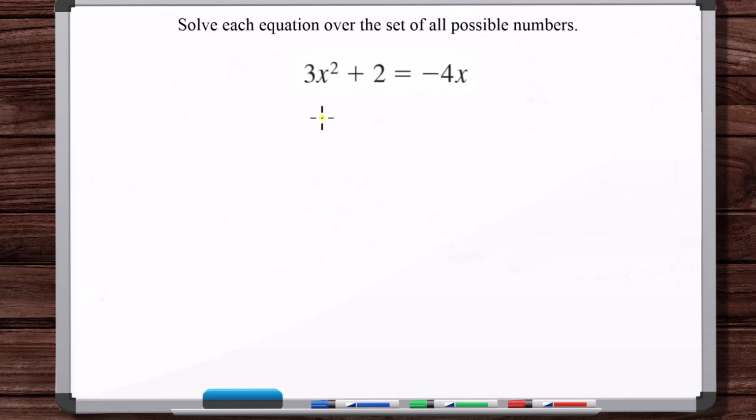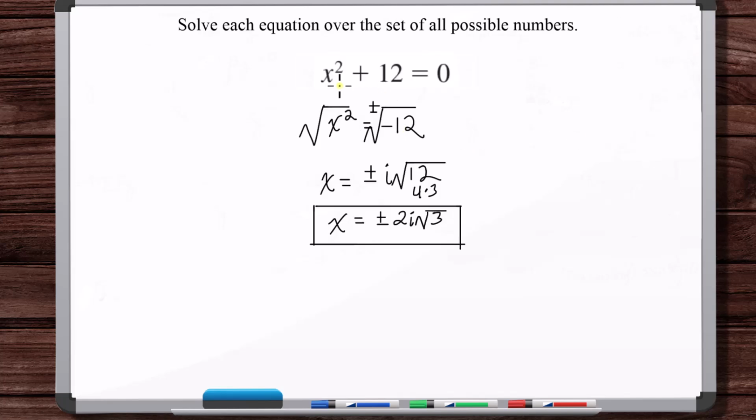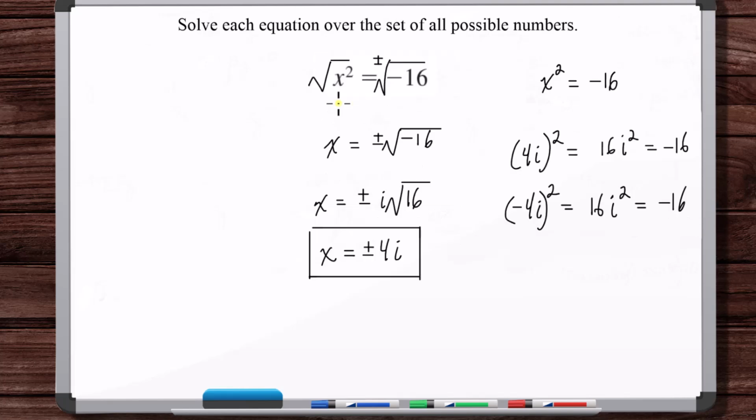So we just proceed like we would normally proceed. We solve this like we learn how to solve any quadratic equation. We bring everything to one side. The previous problems were special cases where we just had two terms and we could put them on both sides of the equality and take the square root of both sides.